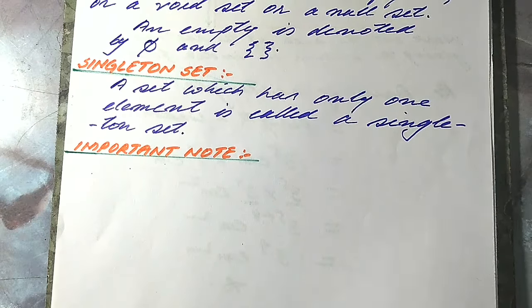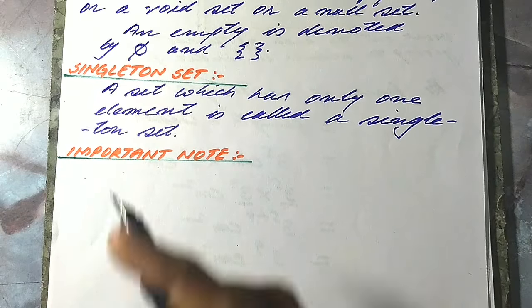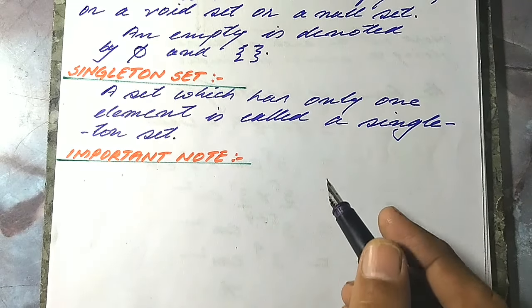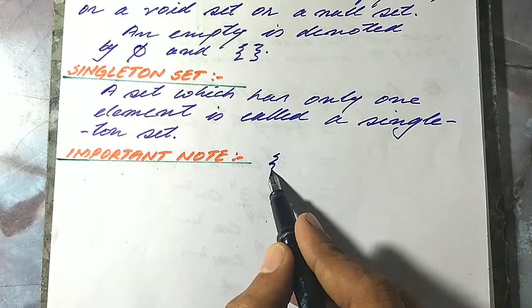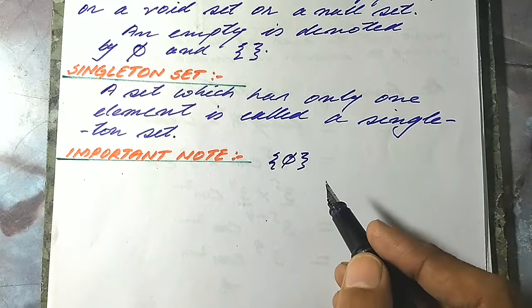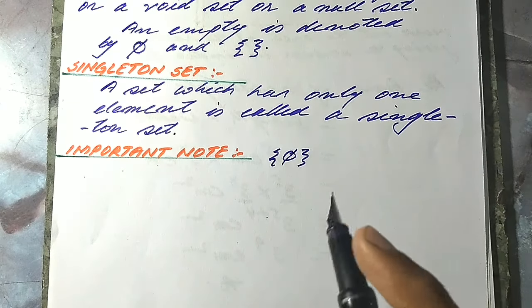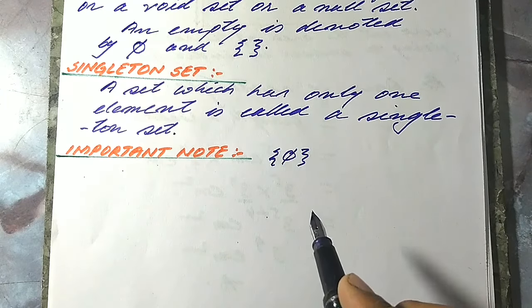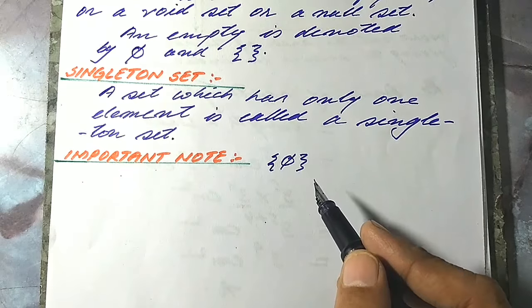Here I would like to give a very important note about these two sets, the empty set and the Singleton set. Curly bracket phi is not a void set or an empty set, but a Singleton set.